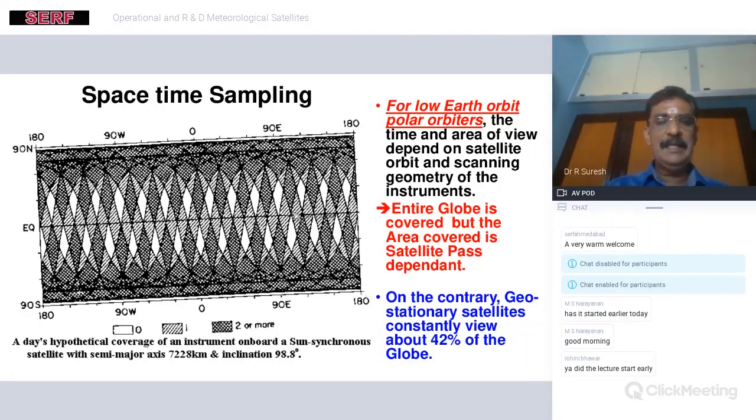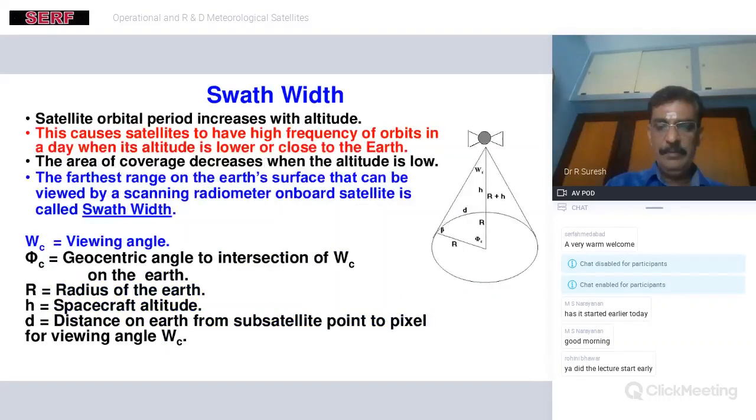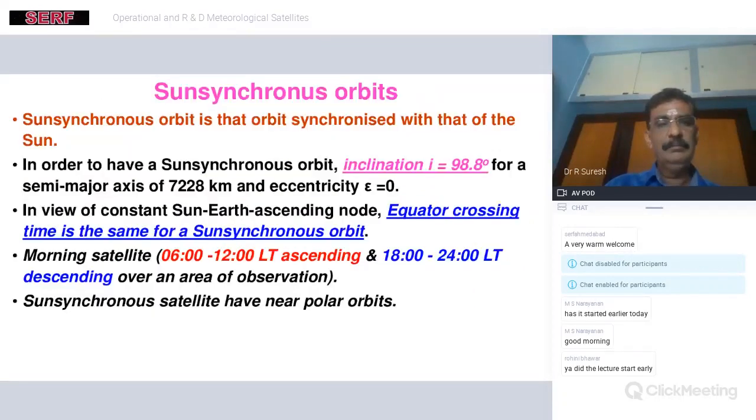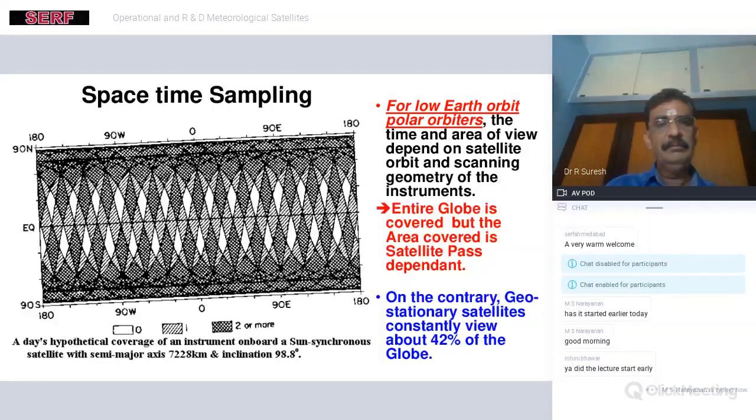Wherever these lines are there, that particular area is covered by the satellite. These lines are covered by the satellite once, and the hatched area is covered more than twice.